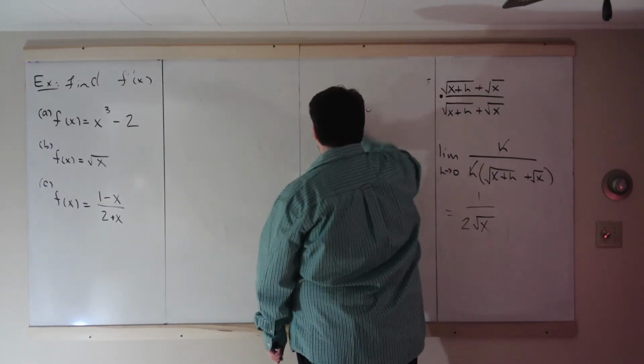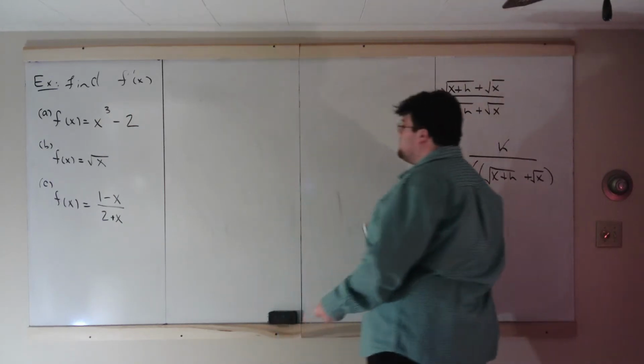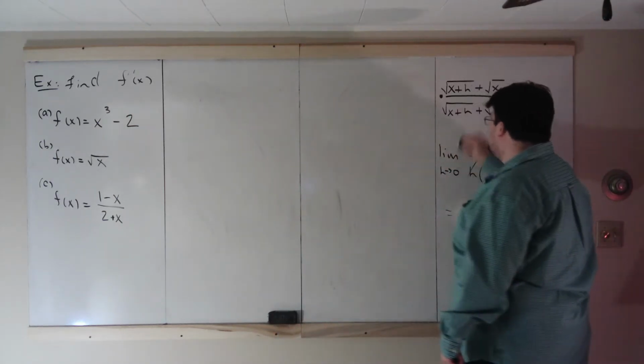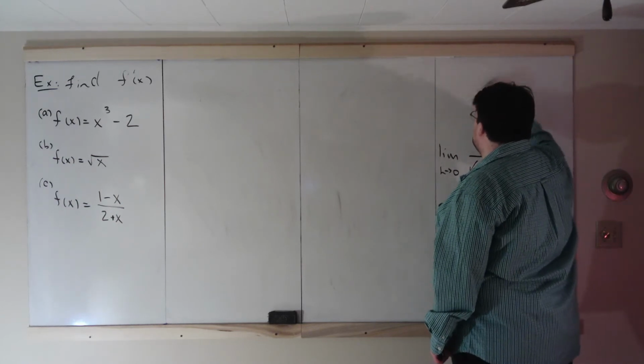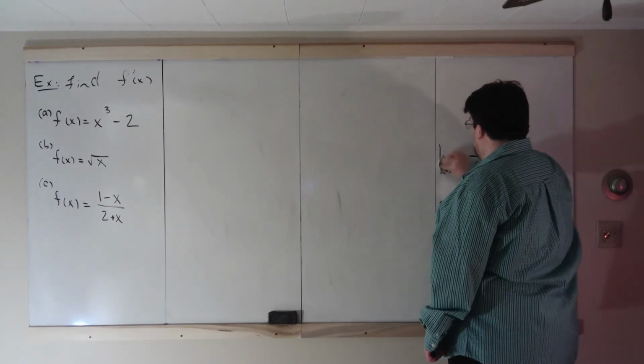Well, while I'm erasing that, why don't you start that next one and see what you get? It's kind of a pain with all the fractions, but let's see what happens.